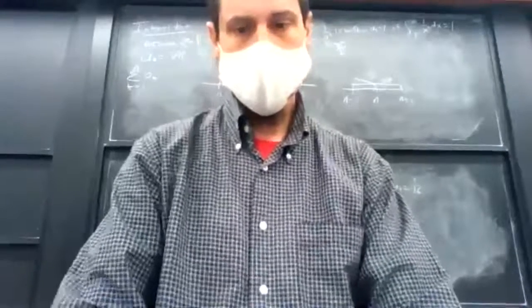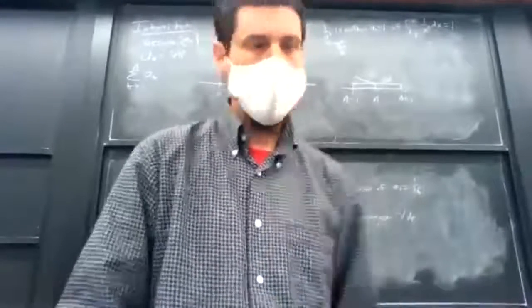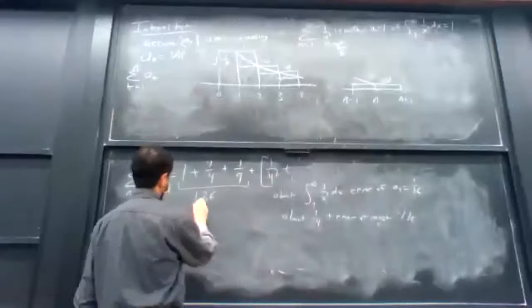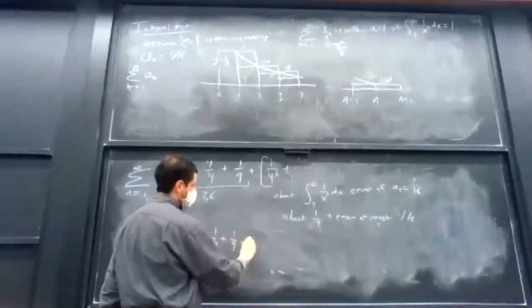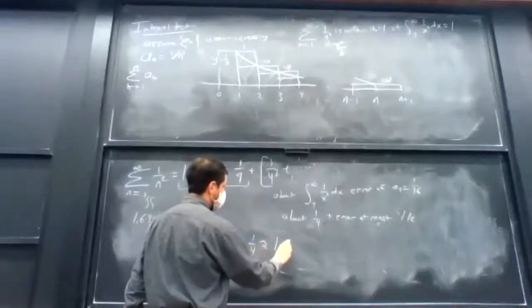So 1 plus 1/4 plus 1/9 plus 1/4 is approximately 1.61.